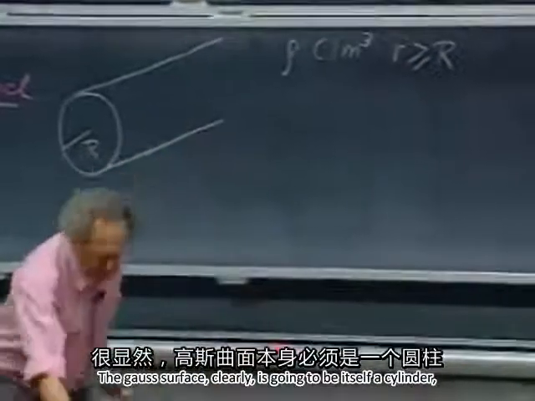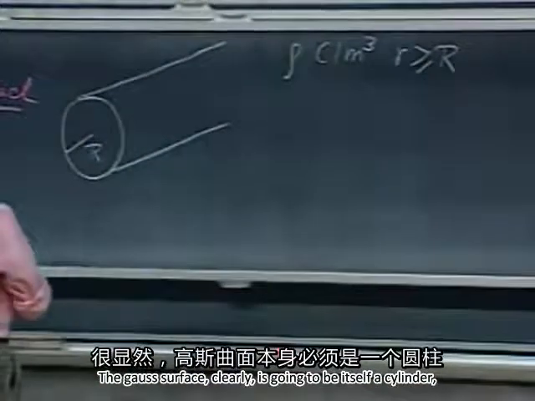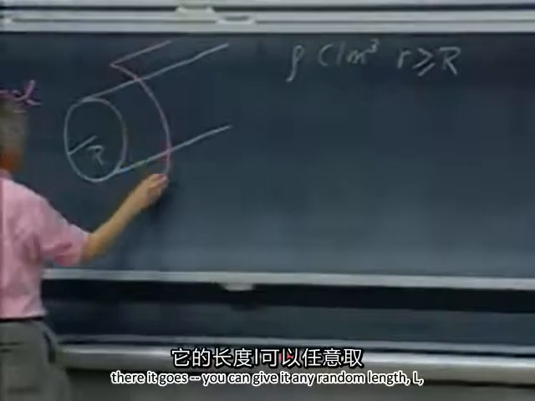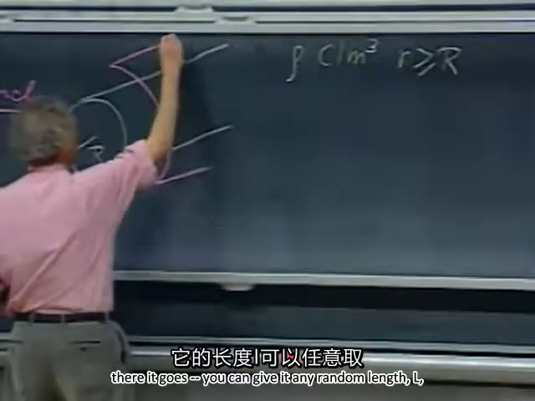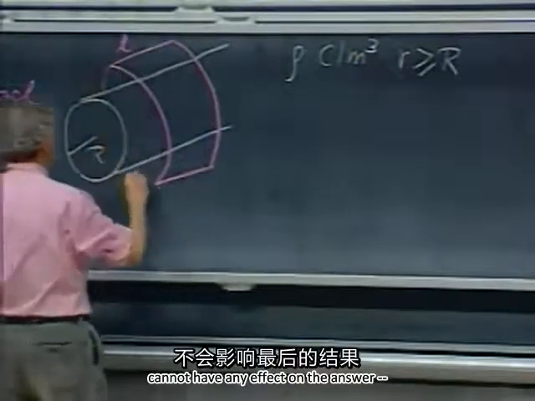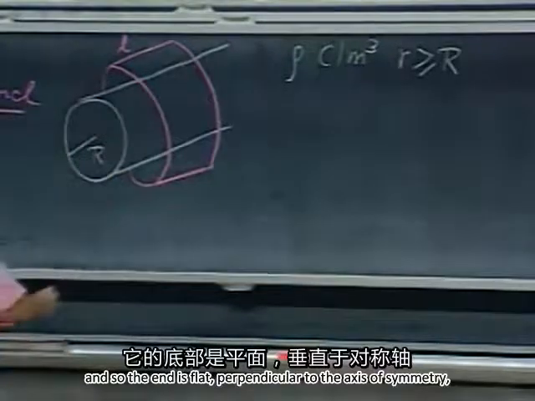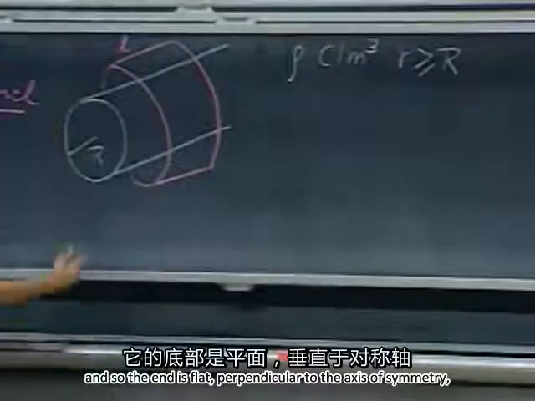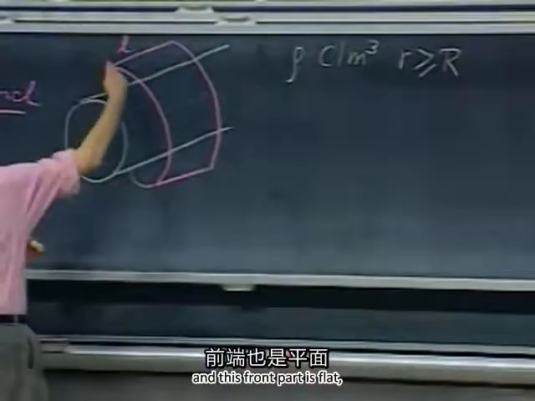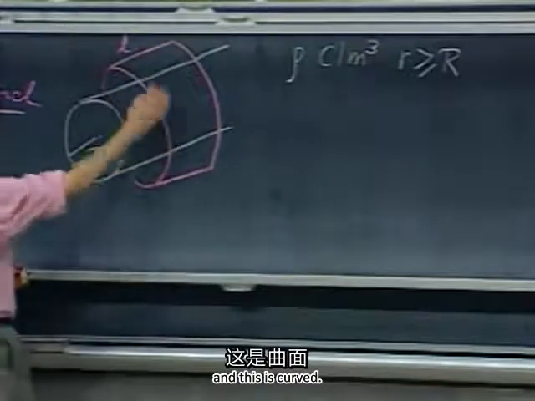The Gauss surface clearly is going to be itself a cylinder. There it goes. You can give it any random length L. It cannot have any effect on the answer. And so the end is flat, perpendicular to the axis of symmetry. And this front part is flat, and this is curved.